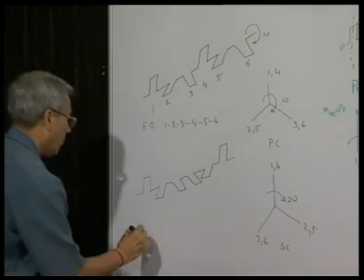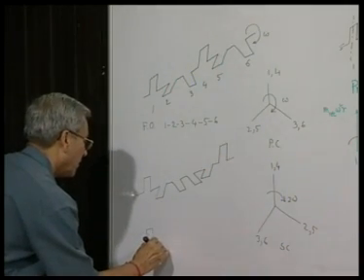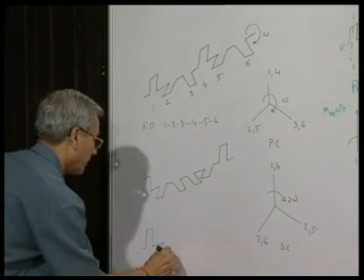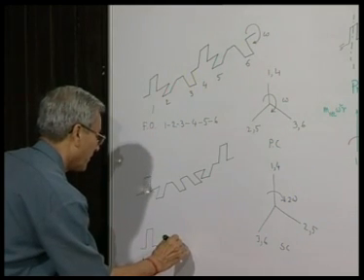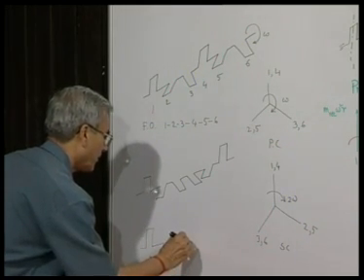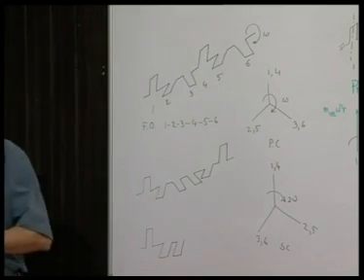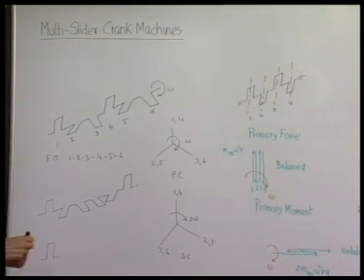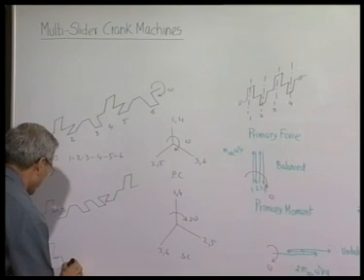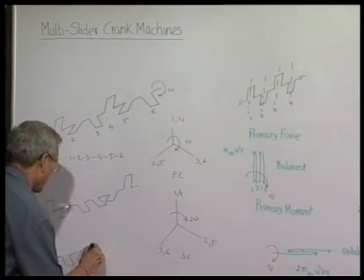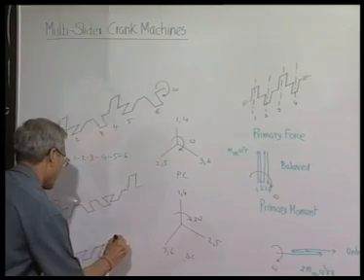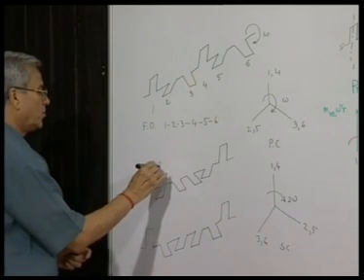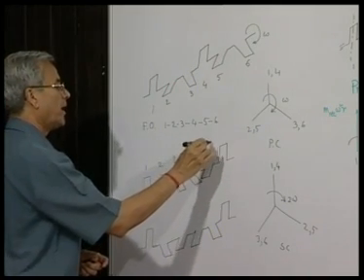Either this or this, so it is 1, 2, 3, 4, 5, 6.